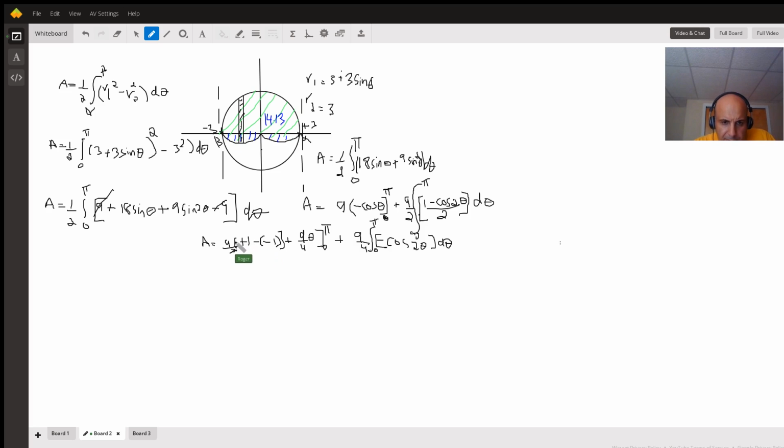So 2 times 9, 18 over 2 equal to 9. So this first term here is 9. The second term here is 9 pi over 4 minus 0, so this will be 9 pi over 4.